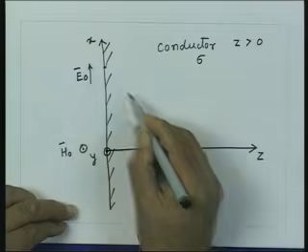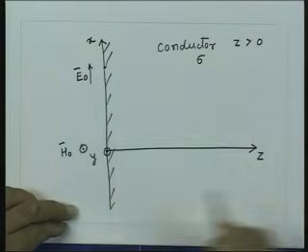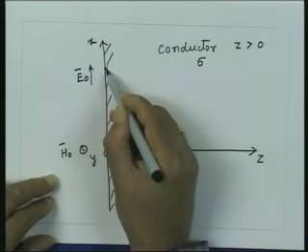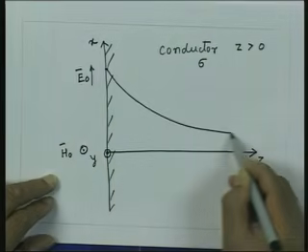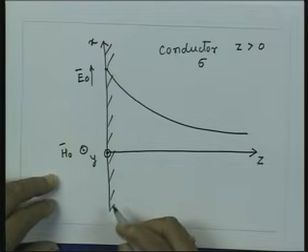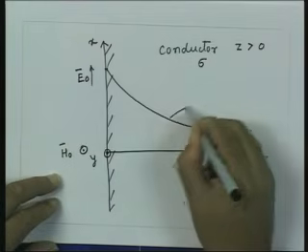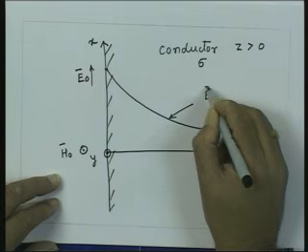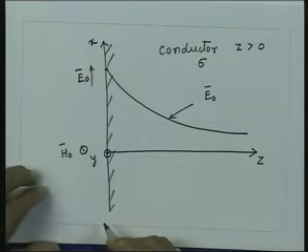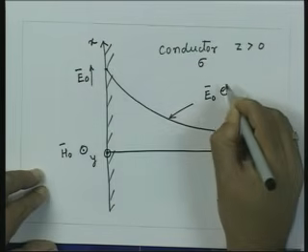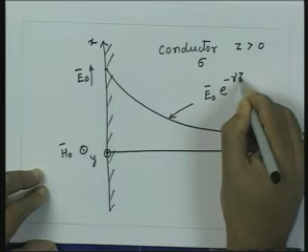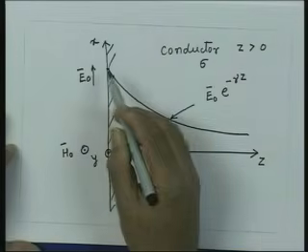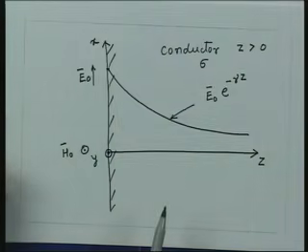Then the electric field amplitude will decrease exponentially as the wave travels inside the conductor. So we have an exponential variation inside, given as E0, which is the value of the electric field at the surface of the conductor, e to the power minus gamma z, where gamma is the propagation constant of this wave inside the conductor.